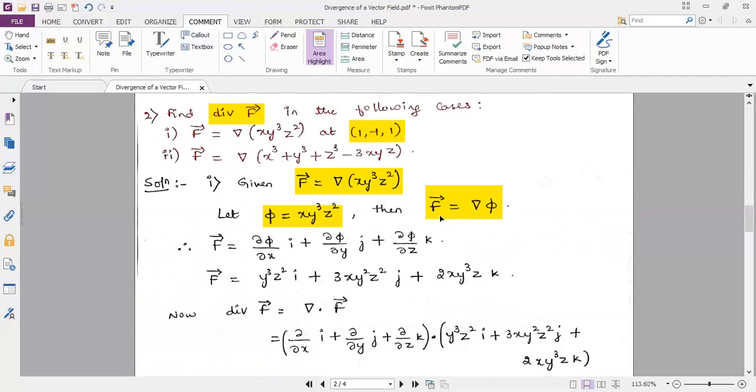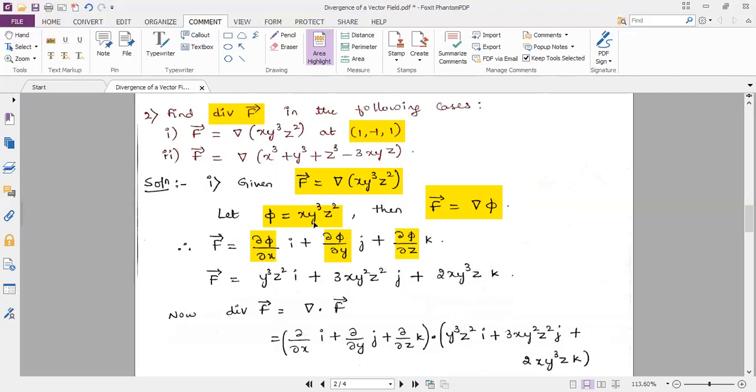Now we will find out vector f using the formula for grad phi. Grad phi is defined as, we'll recall it from the last classes, dou phi by dou x i plus dou phi by dou y j plus dou phi by dou z k. Let us find out these partial derivatives of phi with respect to x, with respect to y, with respect to z.